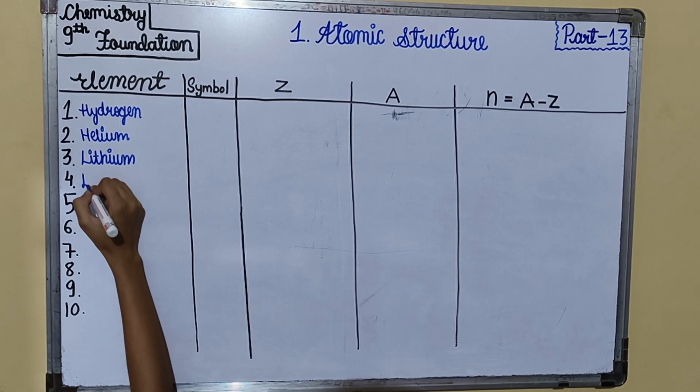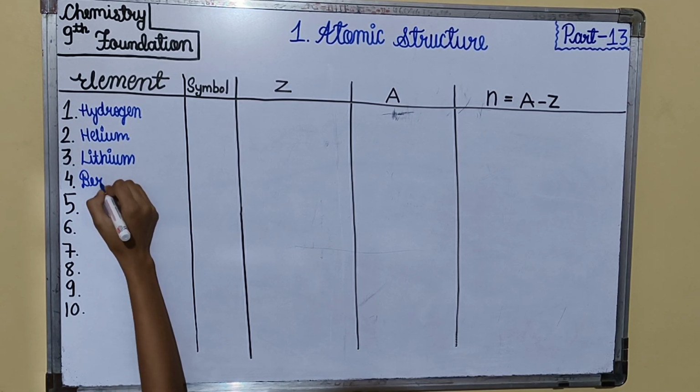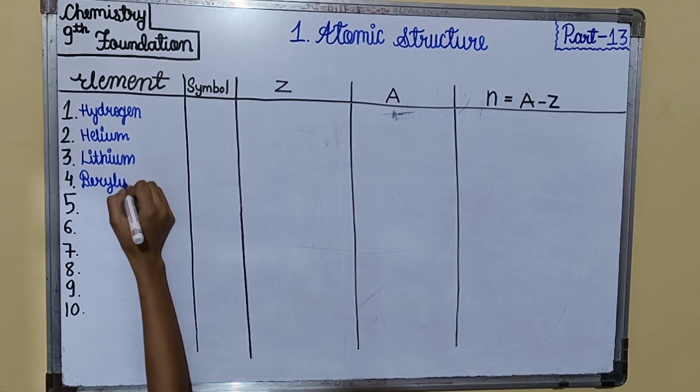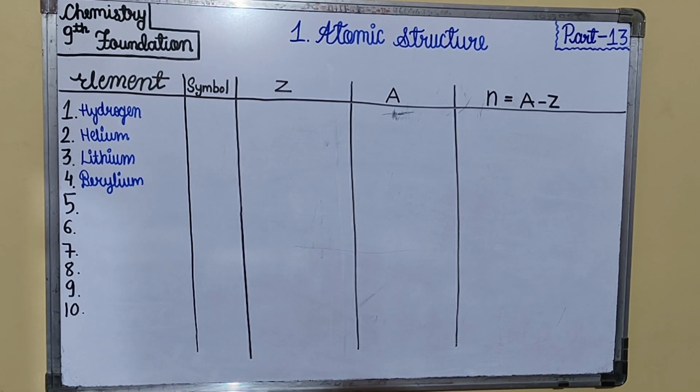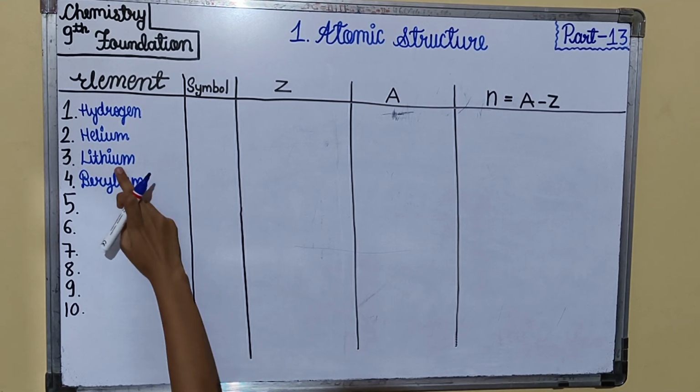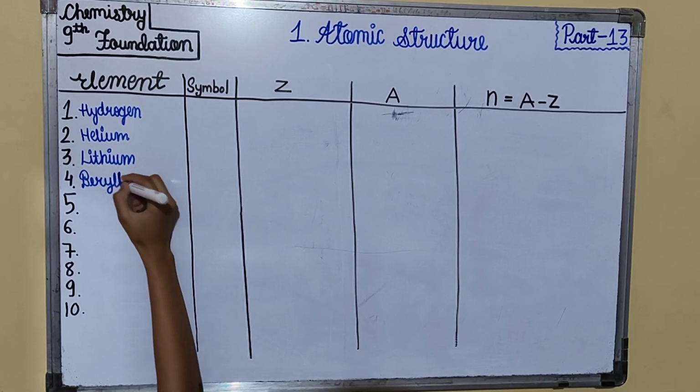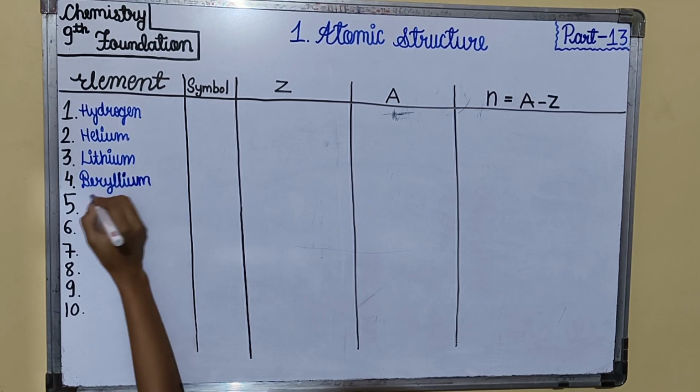Fourth one is beryllium. And fifth one is boron. In beryllium there is double L, sorry. Beryllium, boron.